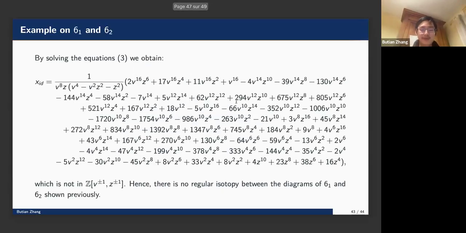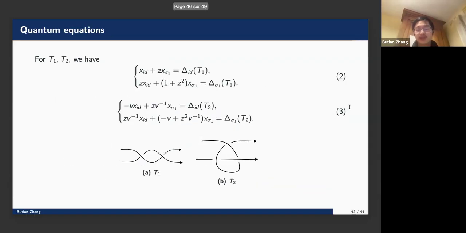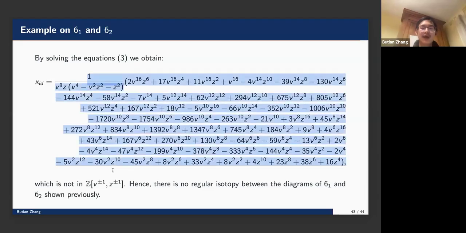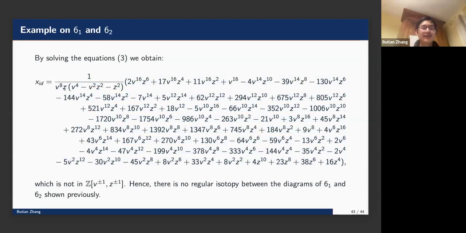For example, for 6-1 and 6-2, these two knots in a good position, we can solve these quantum equations. And it turns out one of the coordinates here equals this. And as you can see, there is a factor in the fraction which cannot be factorized.